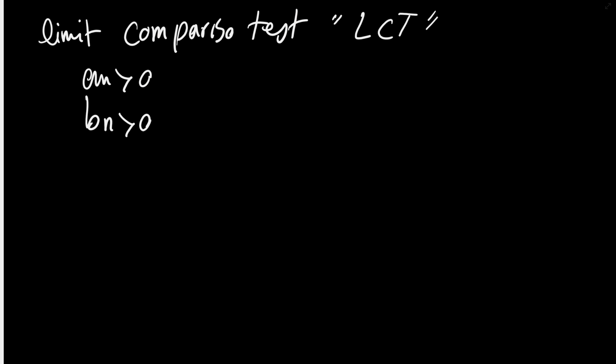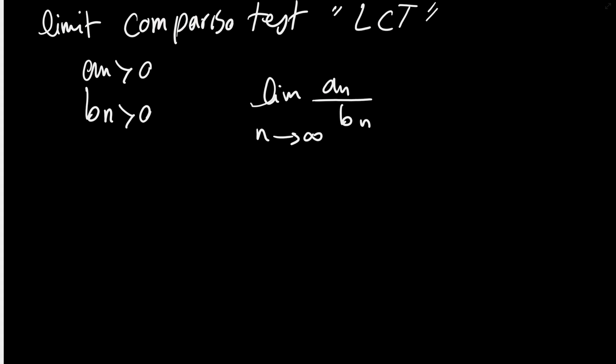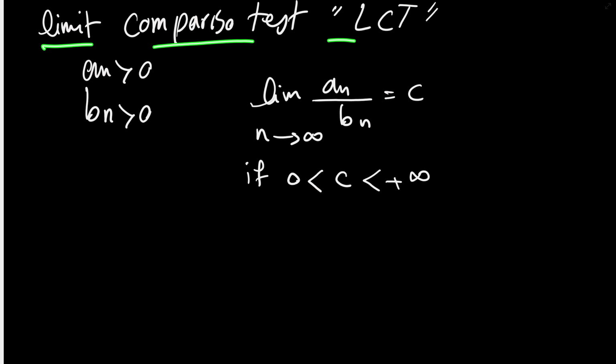In this case, instead, we take the limit of an divided by bn when n approaches infinity. We evaluate this limit, and let's suppose that the answer is C. If C is a constant between 0 and positive infinity, then we can conclude by the limit comparison test that the behavior of sigma an and sigma bn are the same.